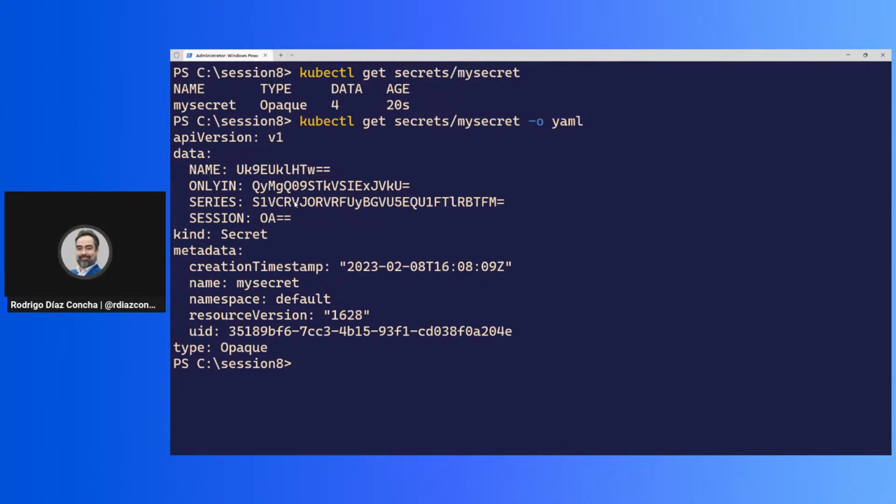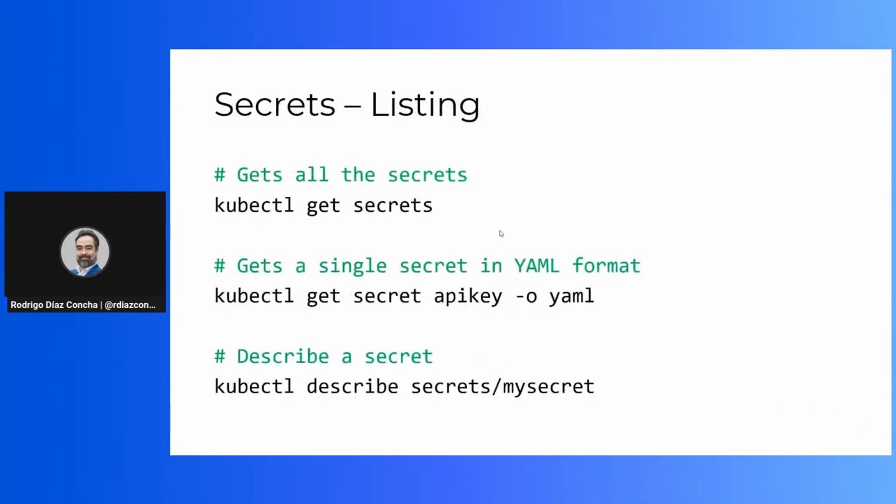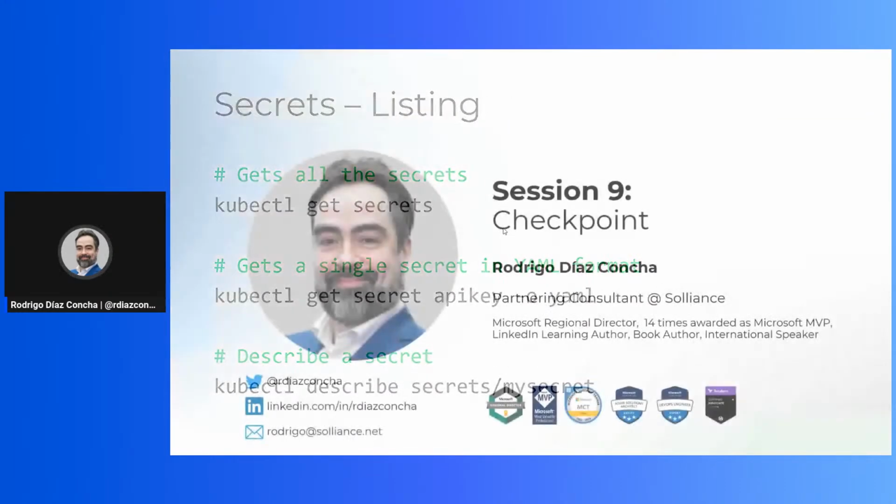I'm sure about that, okay? Again, remember, if you want to use the manifest file, then you should encode those values yourself. Anyways, this is great. I created my first secret, and I'm listing all the secrets.